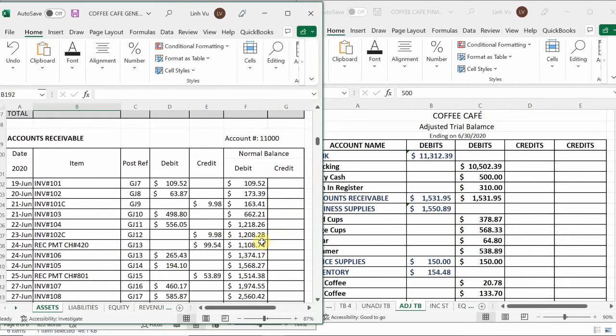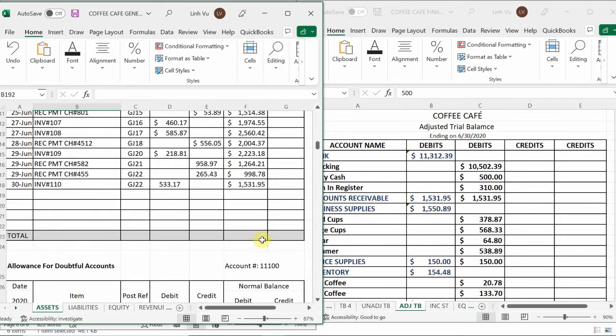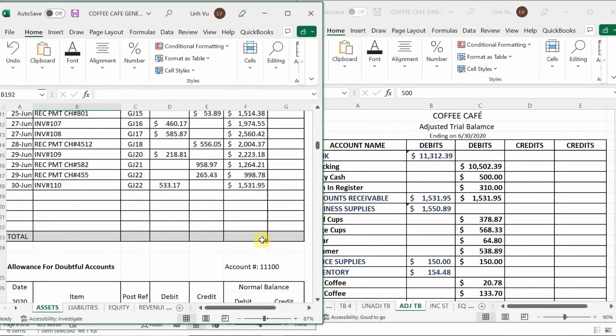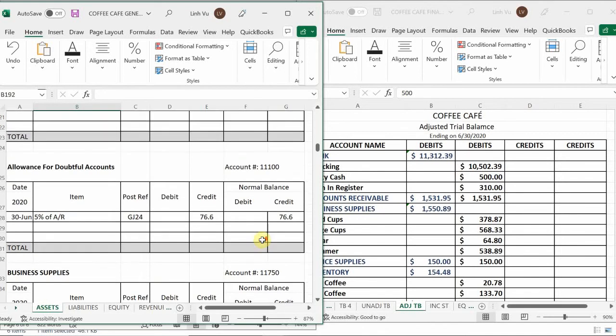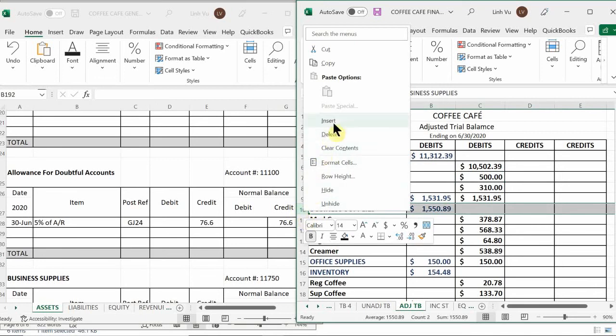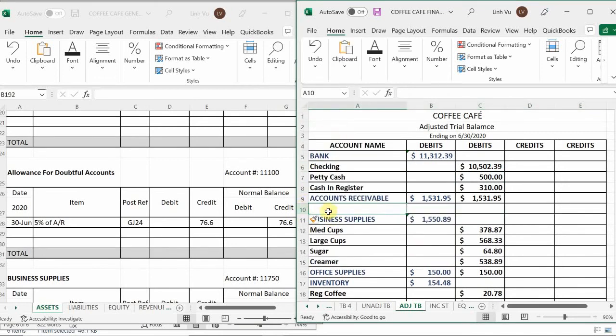So now my accounts receivable is still at 1531.95. However, I have a contra account, so I'm going to add an account right in between. Right above business supplies, I'm going to click on the number and add a new account, and this is going to be for the allowance for doubtful accounts.